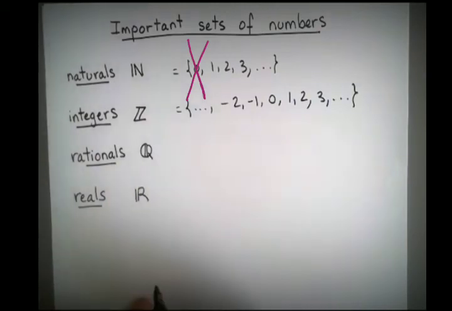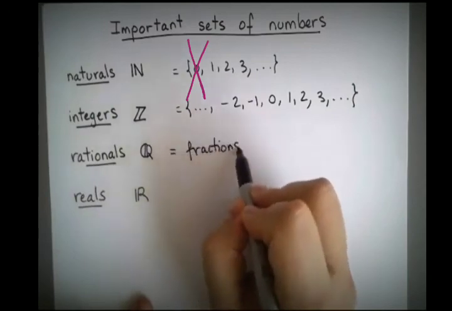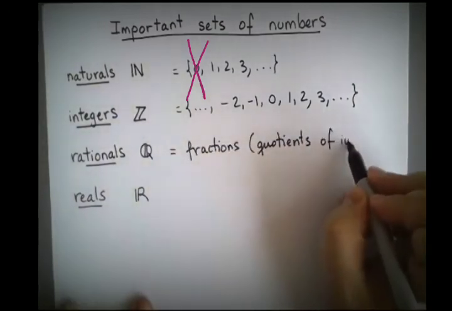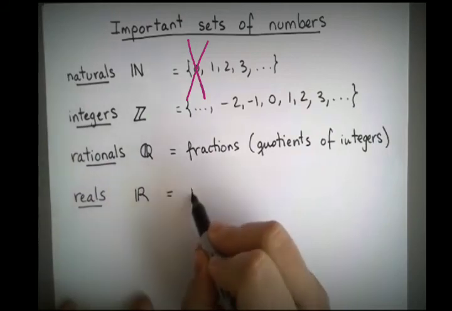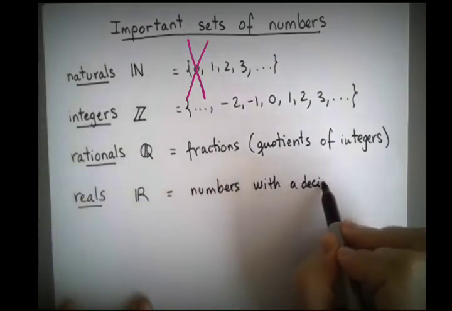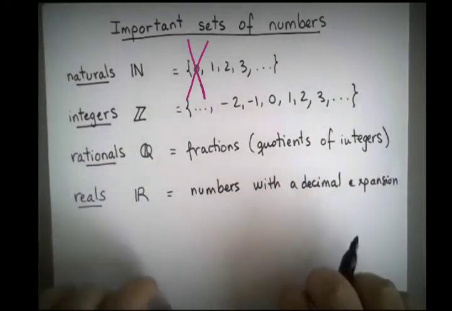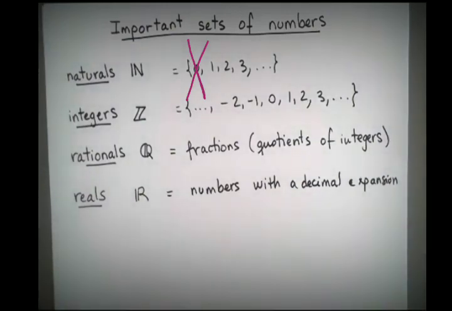And rational numbers are all types of fractions. Again, real numbers are nothing but rational and irrational numbers, and numbers with all decimal expansions.